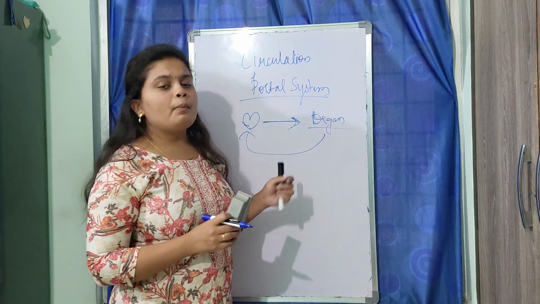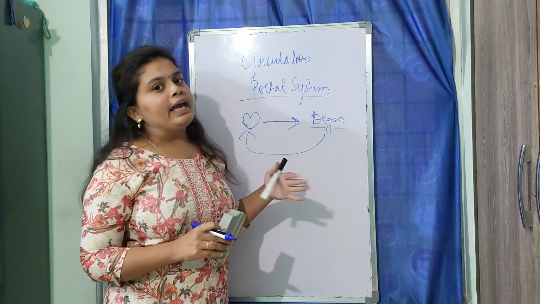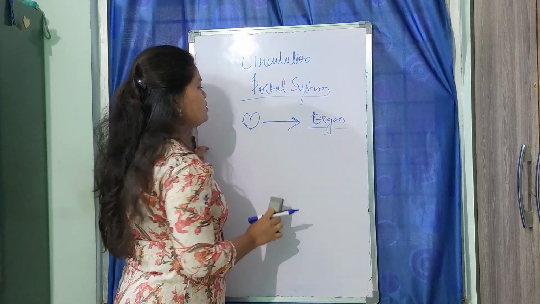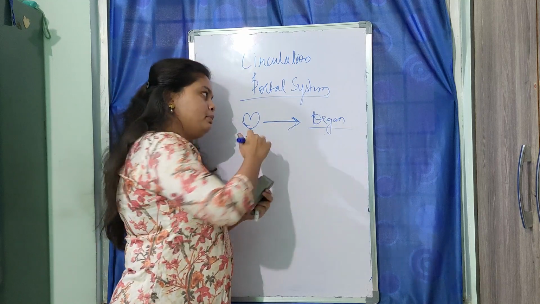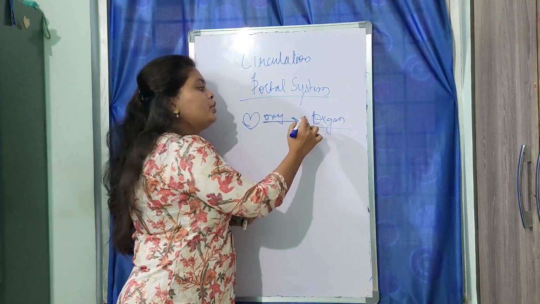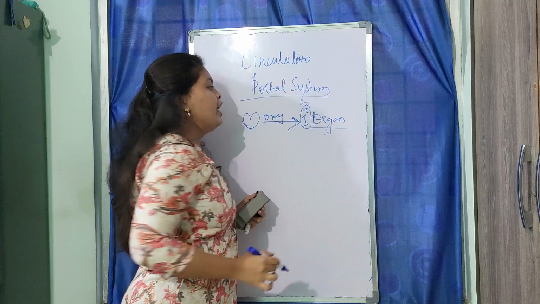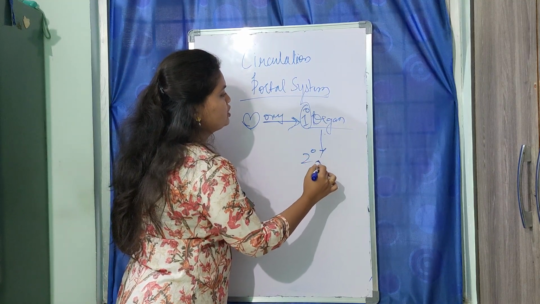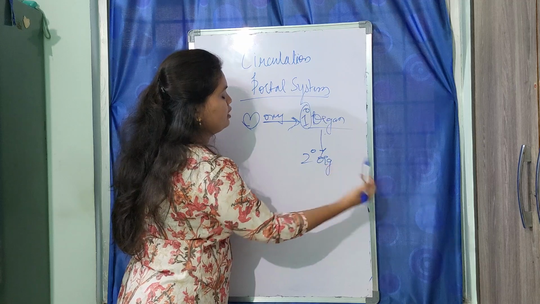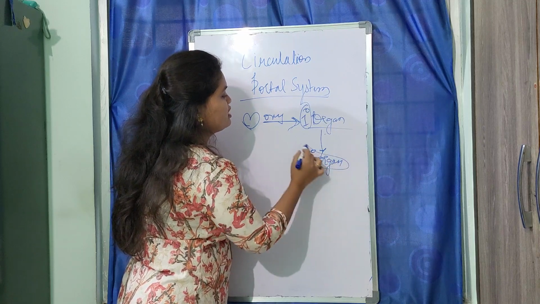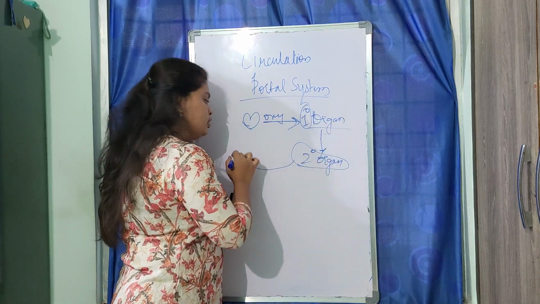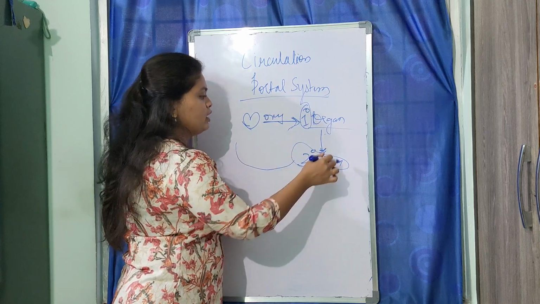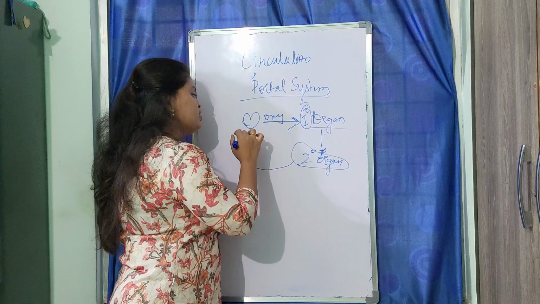But there are some portal systems where something else happens. In portal systems, the heart sends the oxygenated blood to a primary organ, and from this primary organ the blood goes to a secondary organ, and after it receives this blood, it will utilize whatever is there, and then it is sent back to the heart.